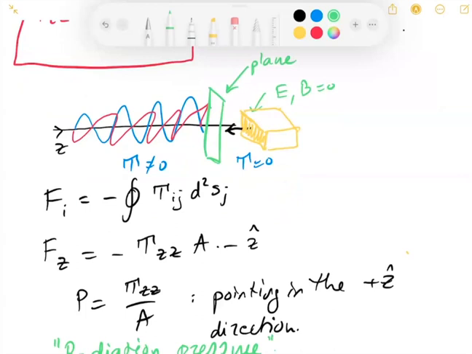So that's the beautiful thing about thinking these kind of situations through in terms of the Maxwell stress tensor, because it doesn't really matter how you got the E and the B field to do what it is. These could be E or B fields that come from nowhere and are incident on a plane and absorbed, or these could be E and B fields that are reflected, or it could be something that you are yourself sourcing by turning on a laser or some kind of an incandescent bulb. Doesn't matter how you do it.